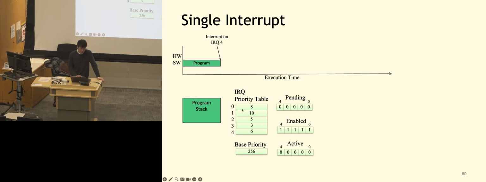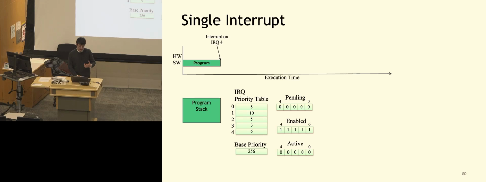And then we also put the priority table here. Here we only look at interrupts 0 to 4, and each of them has one bit corresponding to its pending state, as well as enable and active. So we start with all of them being enabled, meaning they're all able to raise a request.